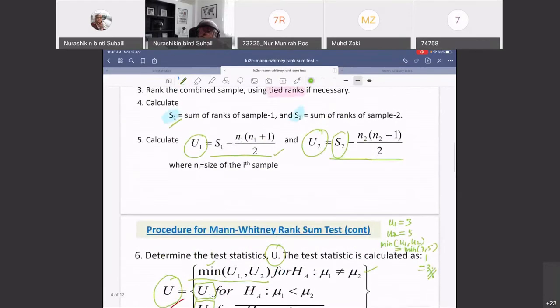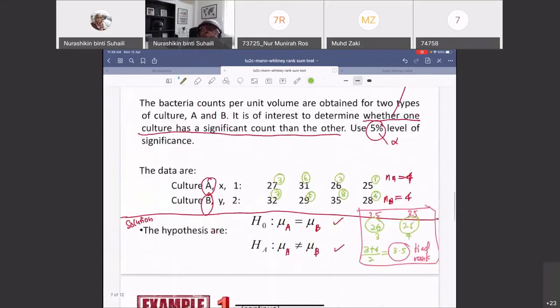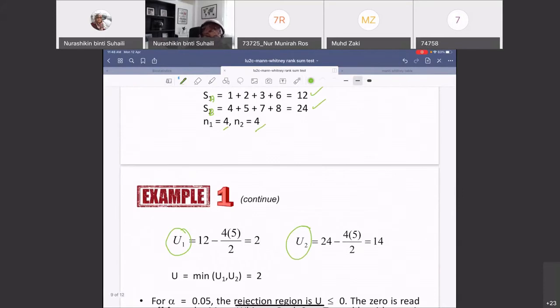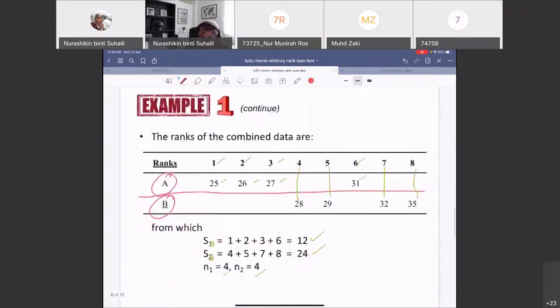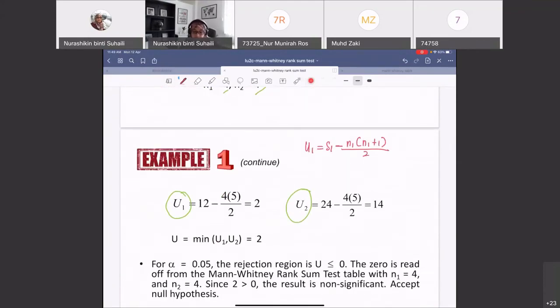U1 equals S1 minus N1 times N1 plus 1, divided by 2.